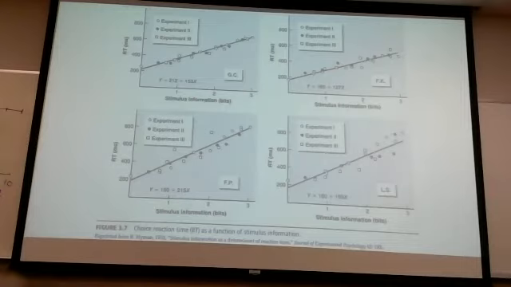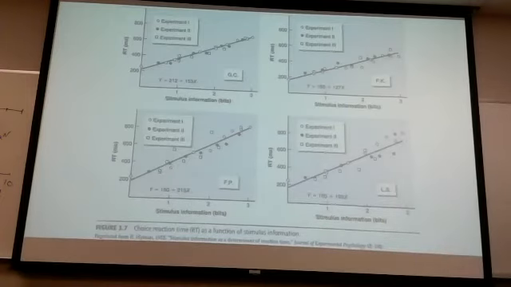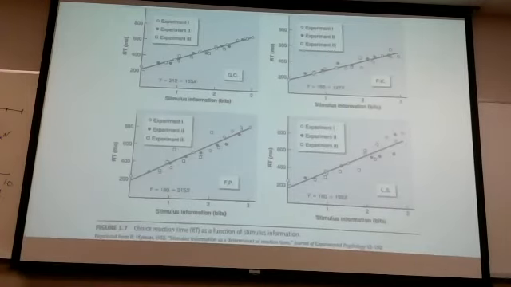And when they looked at this, they said, hey, this shape looks like a logarithmic function, and specifically it looks like log to the base 2. So the convention on the x-axis, instead of plotting the number of stimulus response alternatives, is to plot log to the base 2 of the number of stimulus response alternatives.